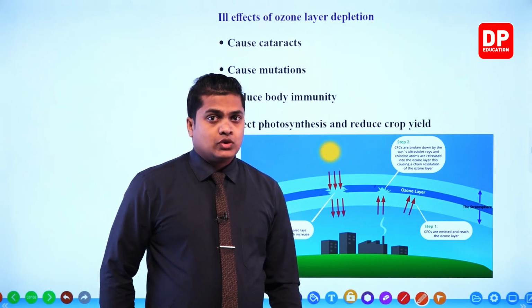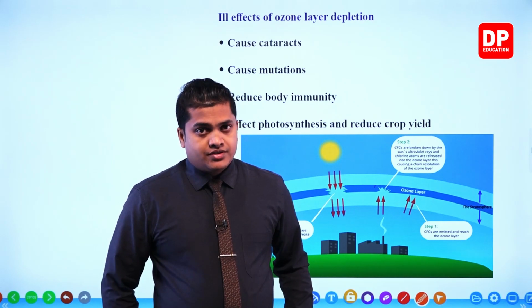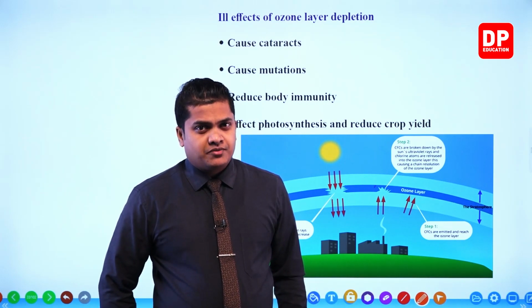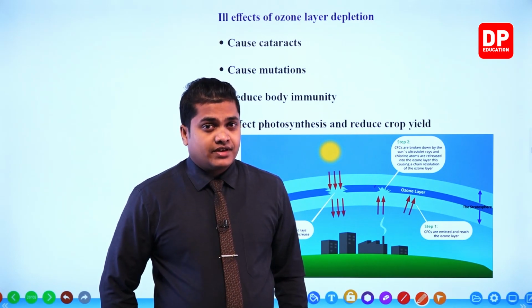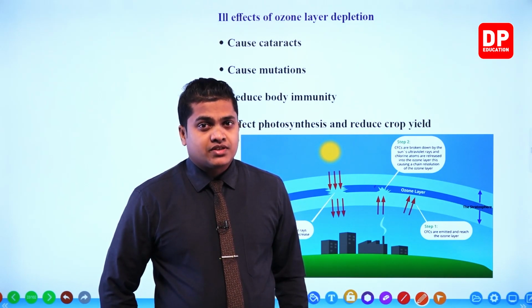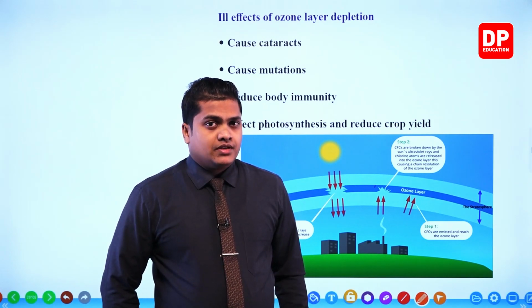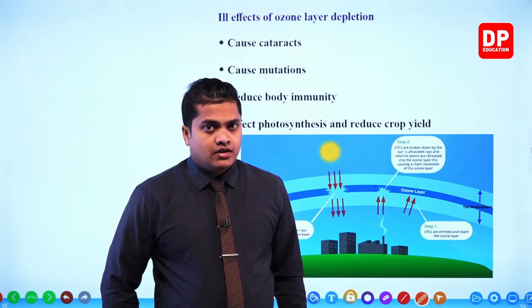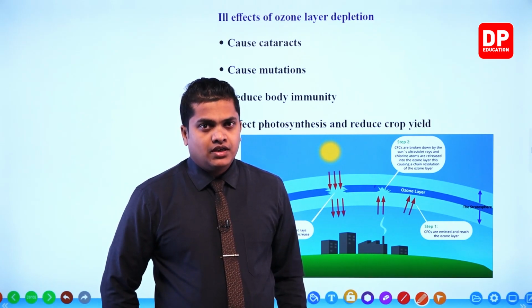And other than to the body, there are certain other conditions that will arise in our environment, like scarcity of food because of the effect on the photosynthesis process, right? So global warming is a very bad ill effect created mainly because of ozone layer depletion.